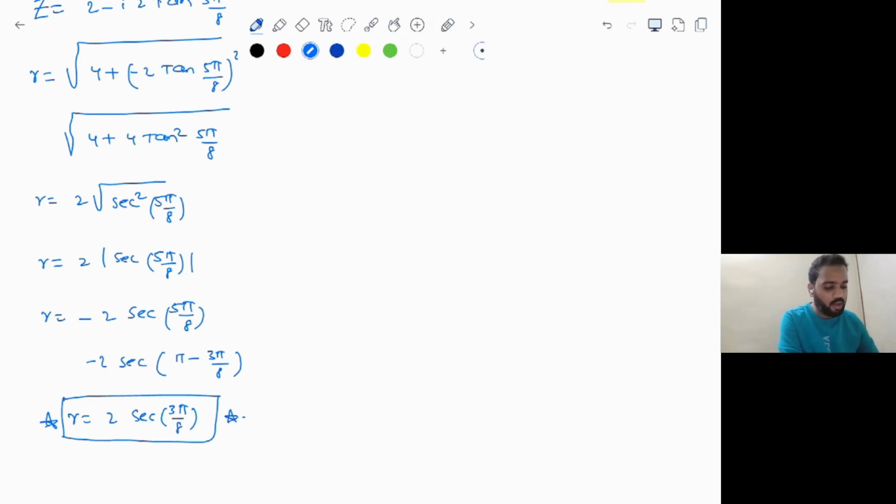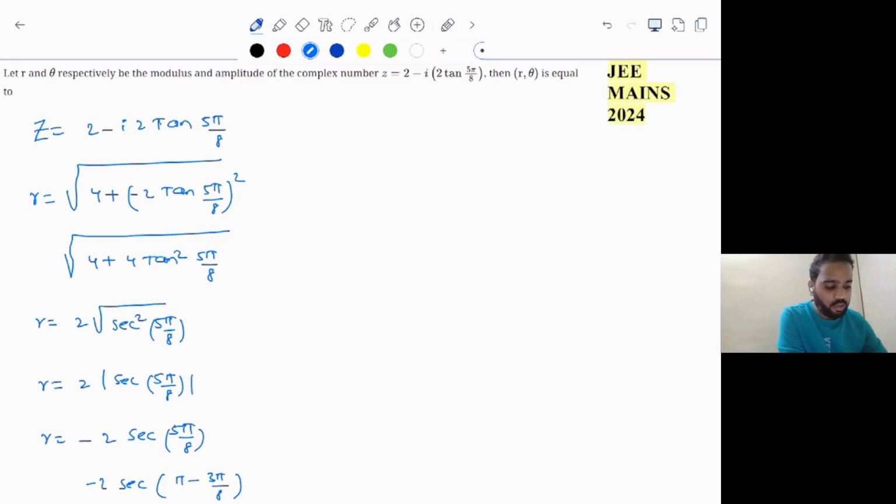And then next, coming to the argument. Let's try to recall the concept of argument. We have the simple concept, right? Based on the quadrant in which the complex number is lying, we have particular formulas. If it is in the first quadrant, you write the answer as alpha. If it is in the second quadrant, you write the answer as π minus alpha.